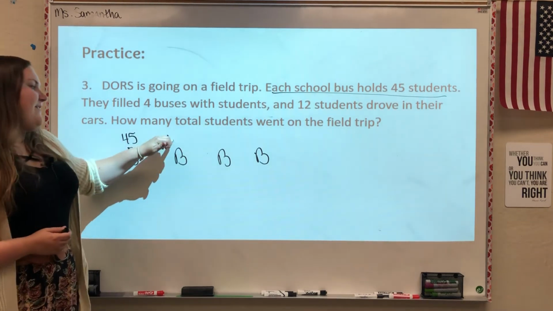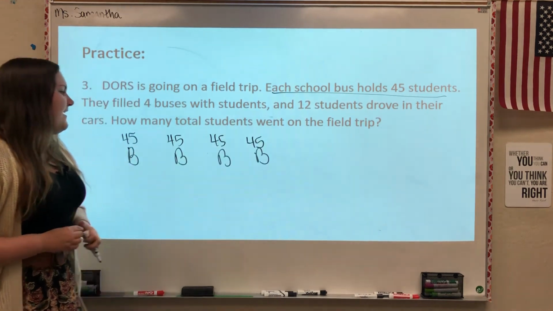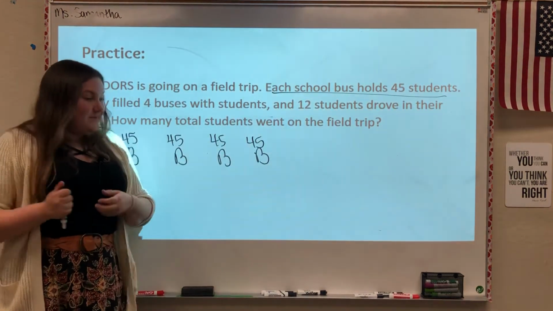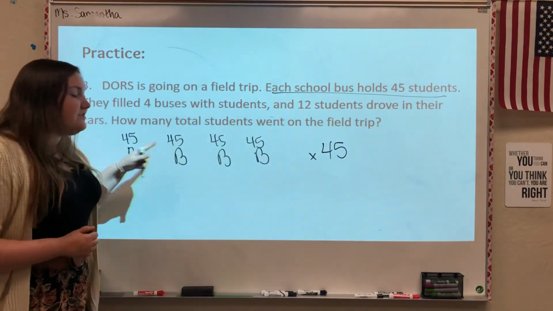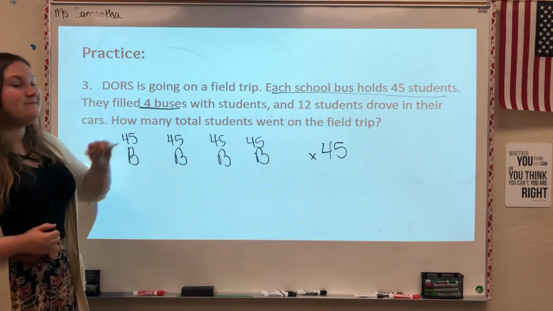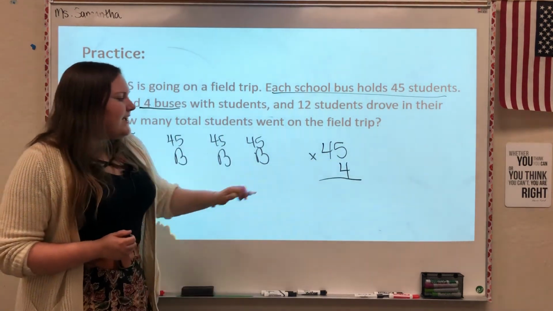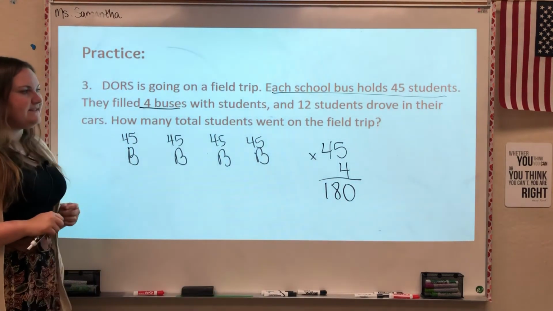So there's 45 there, 45 there, 45 there, 45 there. Hopefully you figure it out. It's that same number again and again. We're gonna use multiplication. I would wanna just say 45 students on each of those buses times the 4 buses. And when you do that, you get 180. 180 students went on those buses.